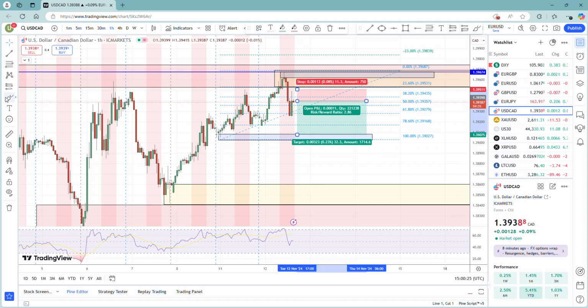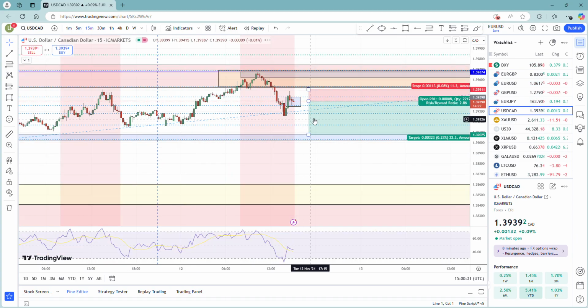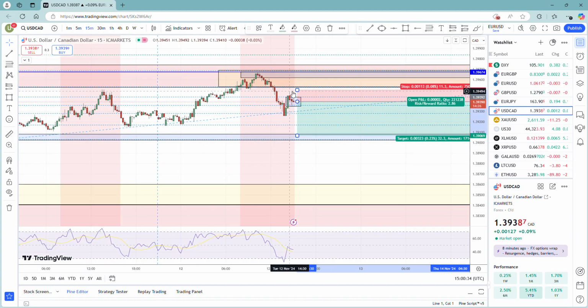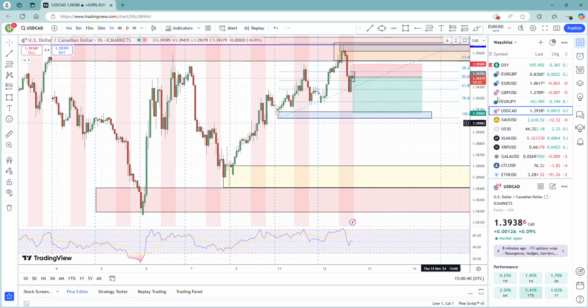So I'm interested in this candle here. It's made a lower high on a H1 time frame. If I go to M15, break it down further, stop loss would be just above this wick at 11 pips. My TP would be 32 pips, H1 support region. So I'm going to enter this trade right now.